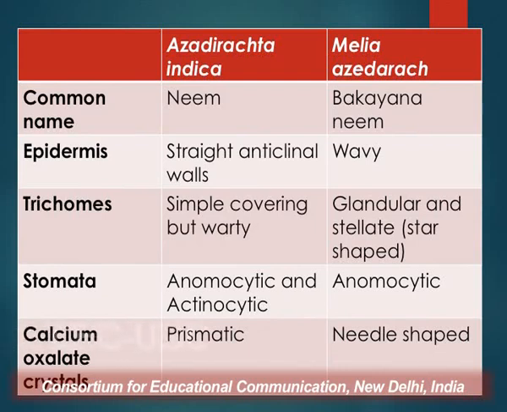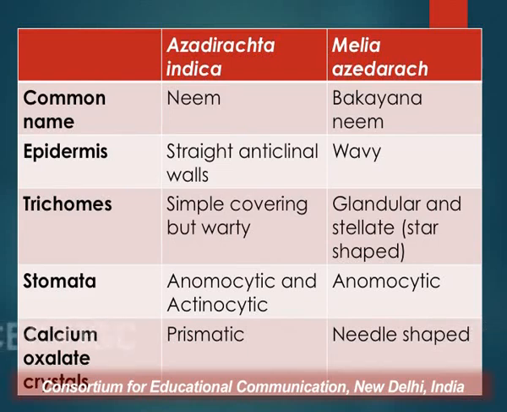First, the epidermal cells are having straight anticlinal walls in case of neem, whereas Bakain neem is having wavy walls in case of epidermis. Trichomes in case of neem are simple, covering but warty, whereas these covering trichomes in case of Bakain neem are star shaped, and it also has glandular trichomes which are absent in case of common neem.